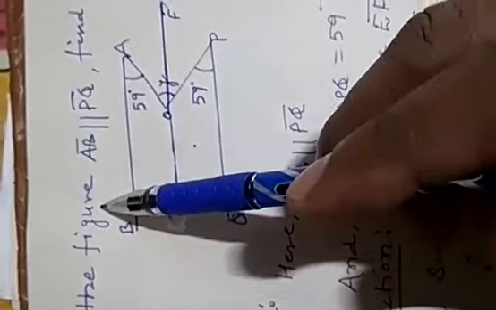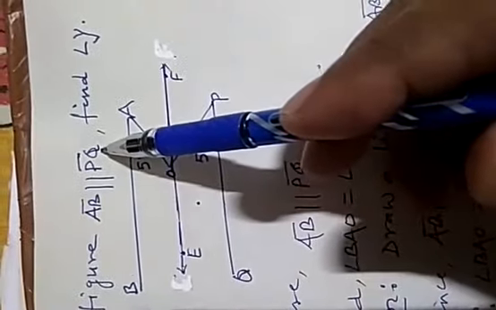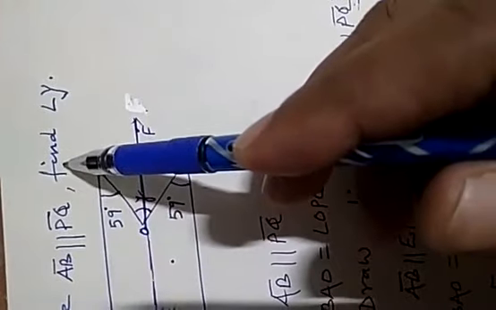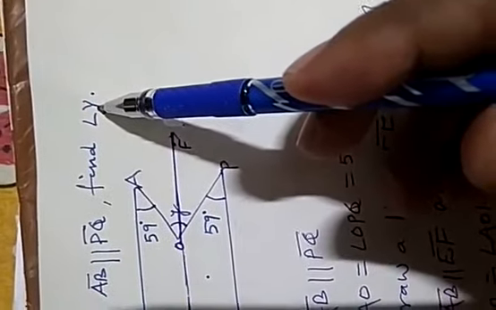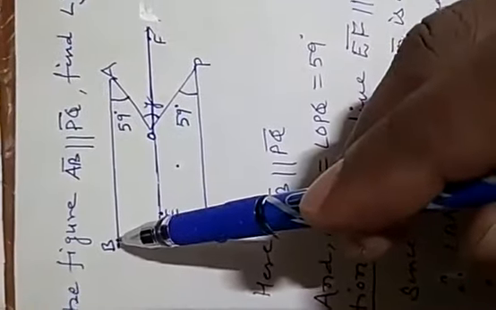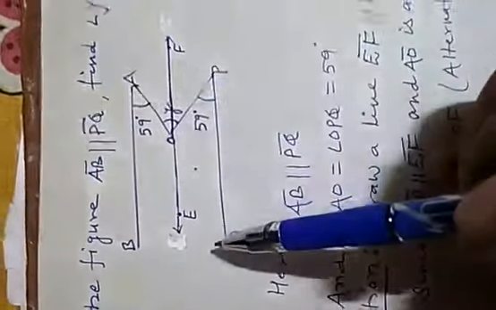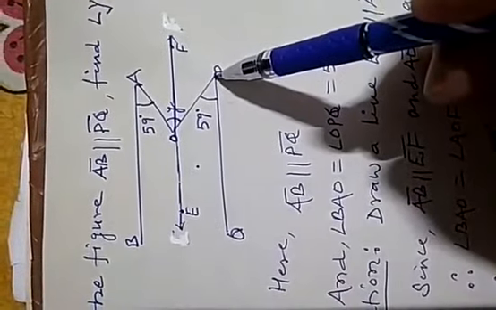In the figure, line segment AB is parallel to PQ. Find angle Y. Here, line segment AB is parallel to PQ.